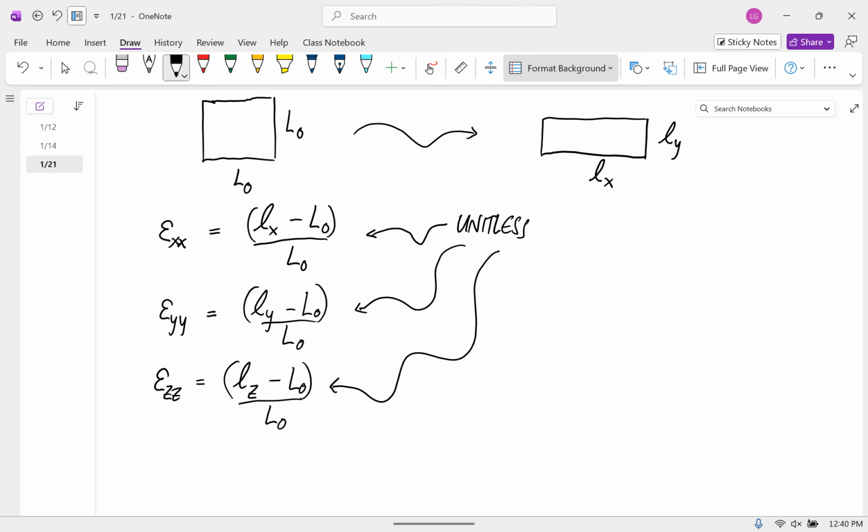Well, I did it starting as a cube, and so they're all the same. But if it was starting as a rectangular solid, then you would use the starting length along that axis.